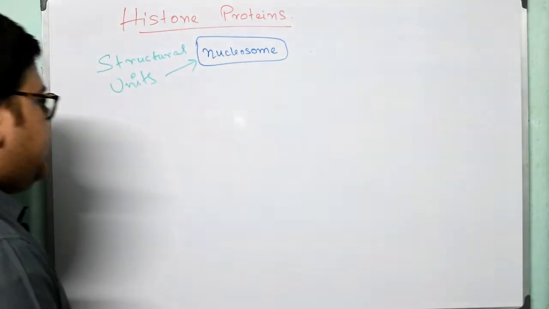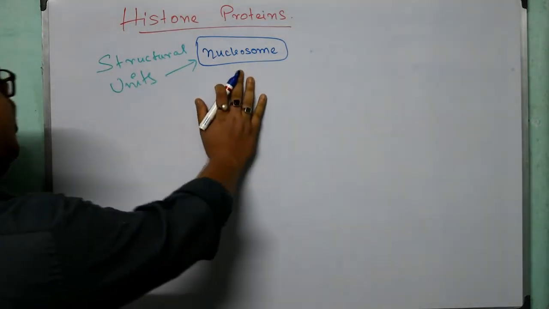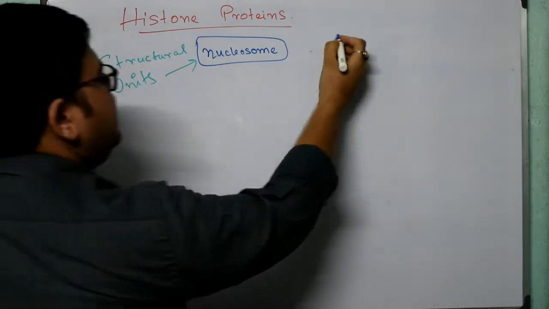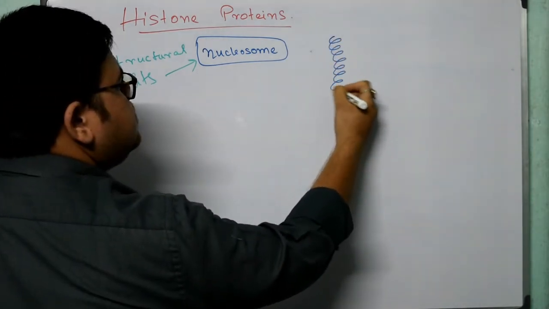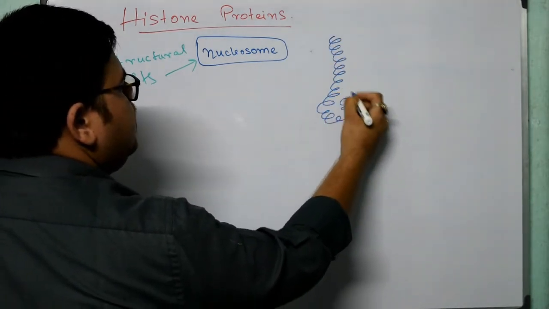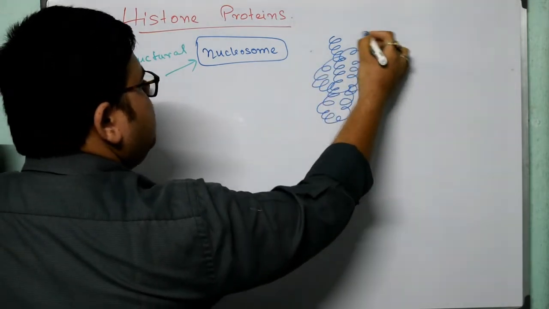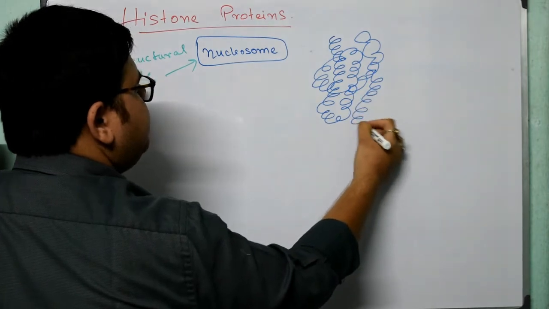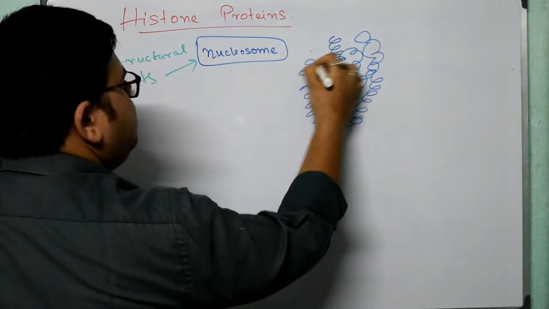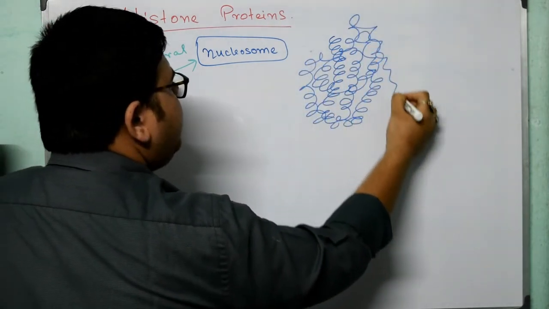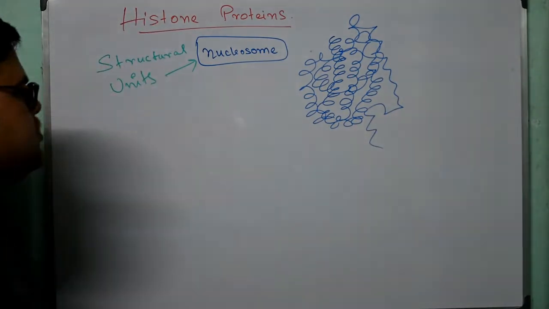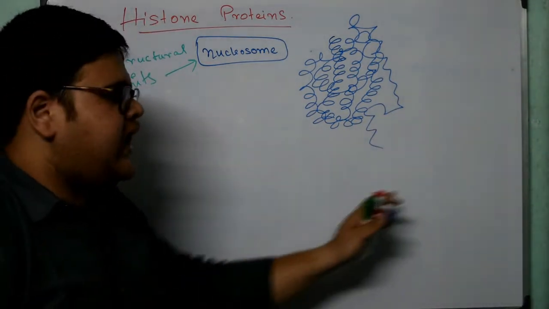Another thing is that these nucleosomes or chromatin fibers are highly coiled. They are coiled like this structure. See the coils that I am making right now. If I had made it in a straight line, it would have crossed this board at least 10 to 20 times.